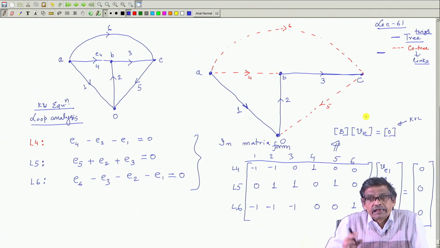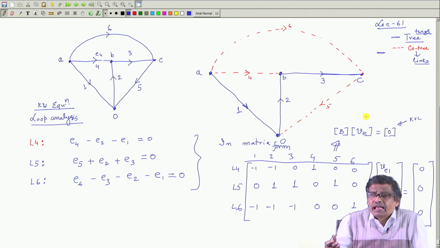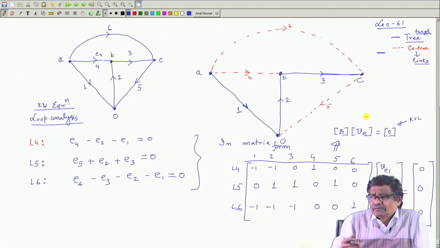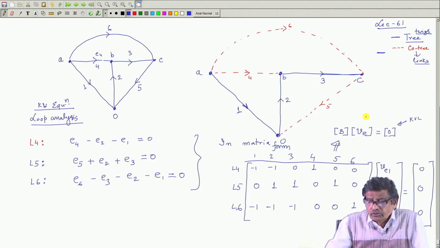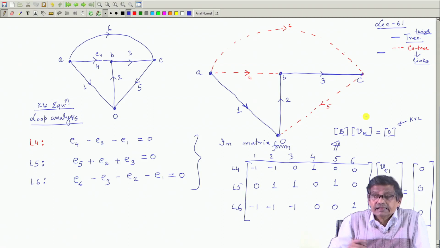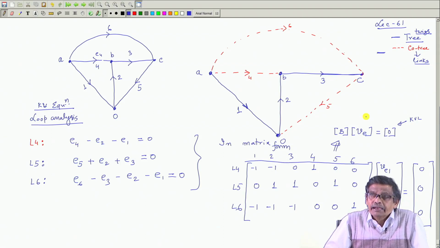You have to write down the KVL equations and try to solve for the loop currents. If loop currents are known, then all the branch currents can be calculated, maybe sum of the loop currents, difference of the loop currents, and so on. So, the next thing is how to express element currents in terms of loop currents, that will be the study.